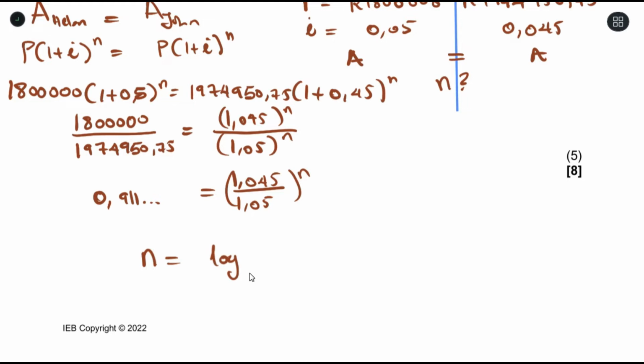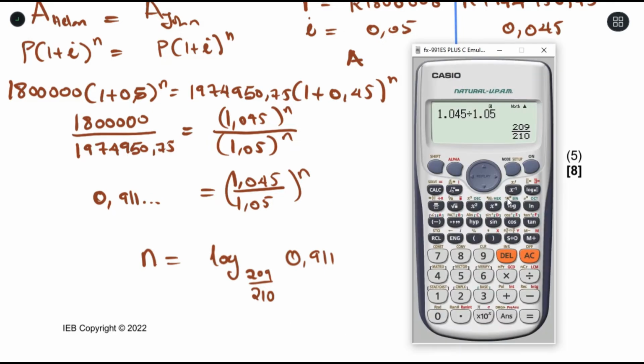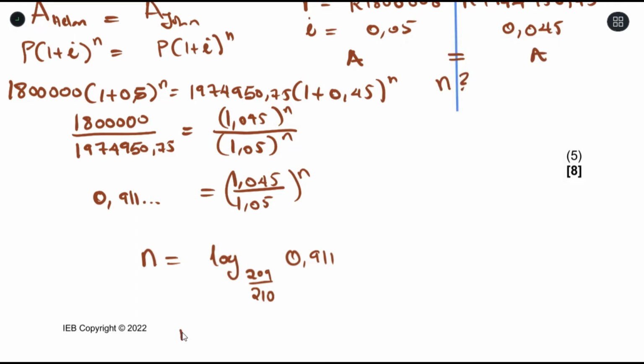So the base will be 209 over 210, and the value would be 0.911. We put all this into our calculator. So n would be 19.43.